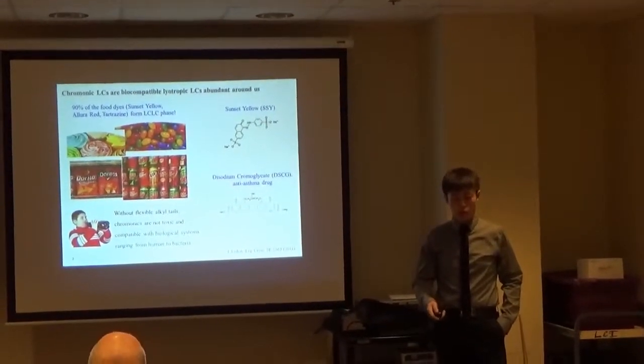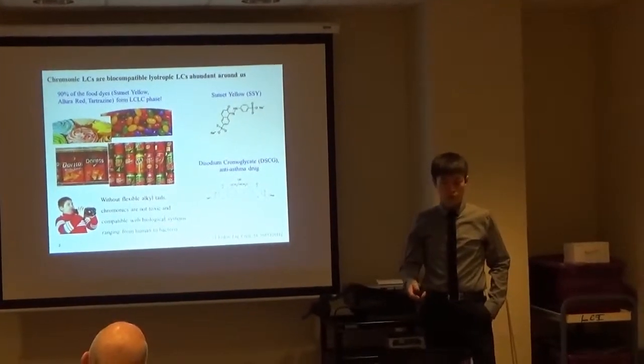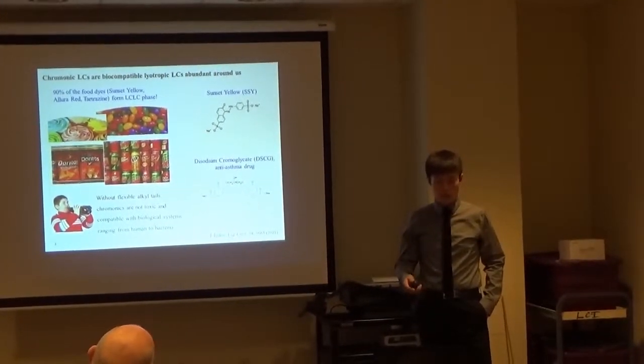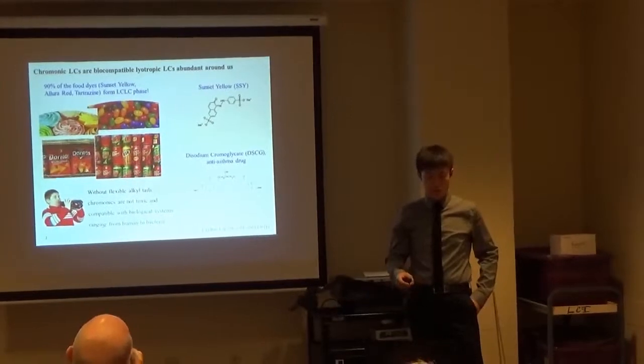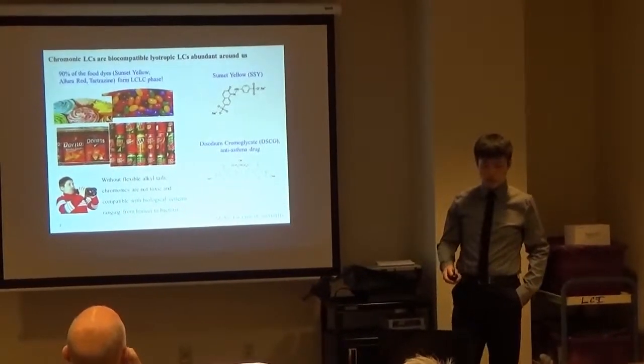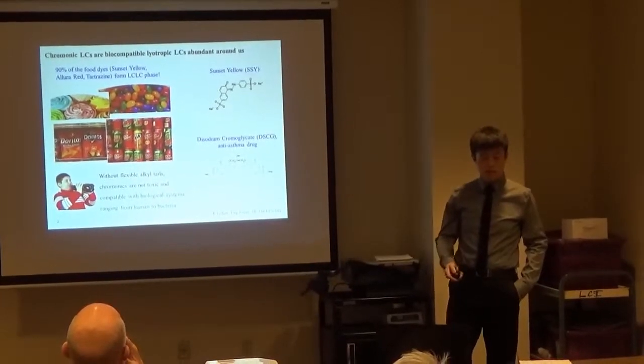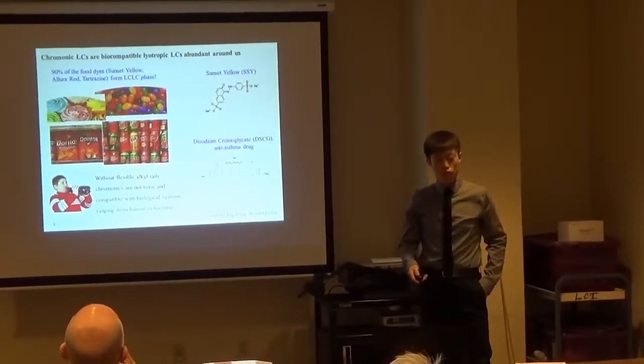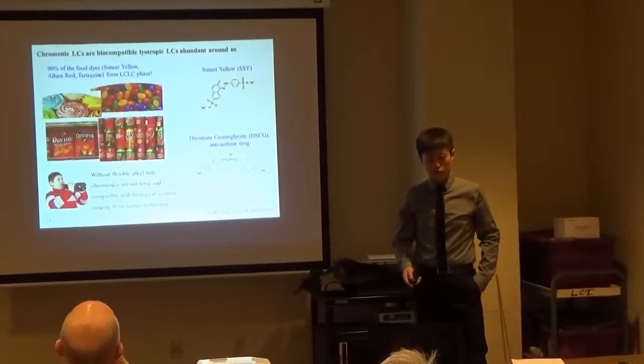These molecules have a plank shape with aromatic cores in the center and ionic groups at the periphery. Without flexible acyl chains, they are safe to biological systems ranging from bacteria to humans.